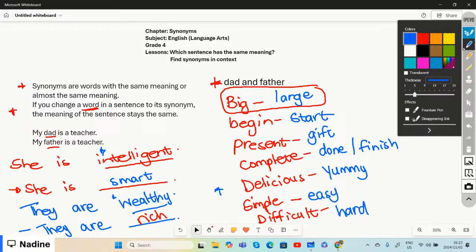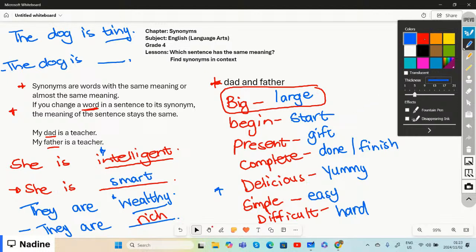And then let's look at the last one. It says, the dog is tiny. What is another word for tiny? Then we can say the dog is... Another word for tiny. The dog is tiny.